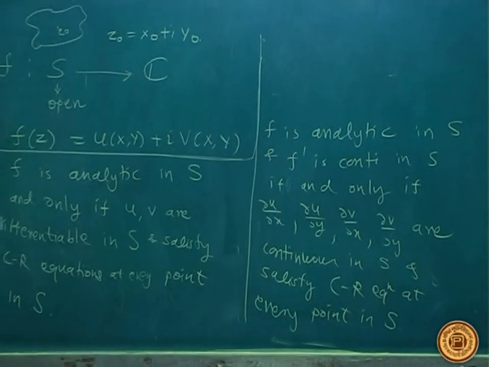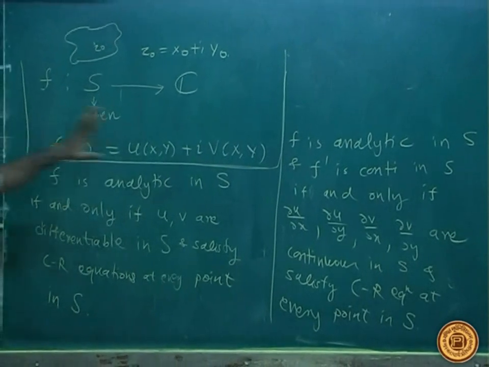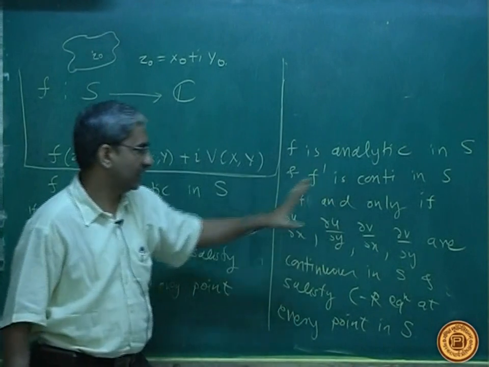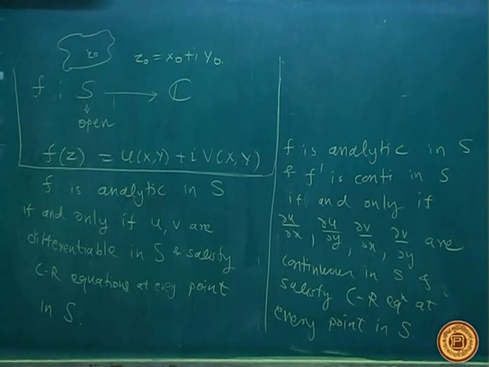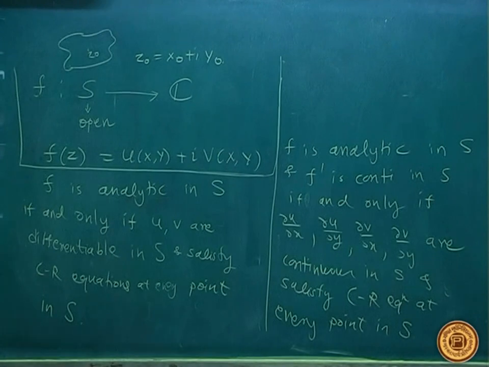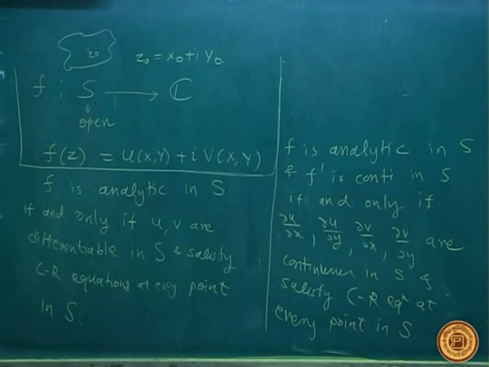Now this is a necessary and sufficient condition for analyticity of f in S, and this is a necessary and sufficient condition for analyticity and f dash continuous. Okay. Read both. Yes, good job.